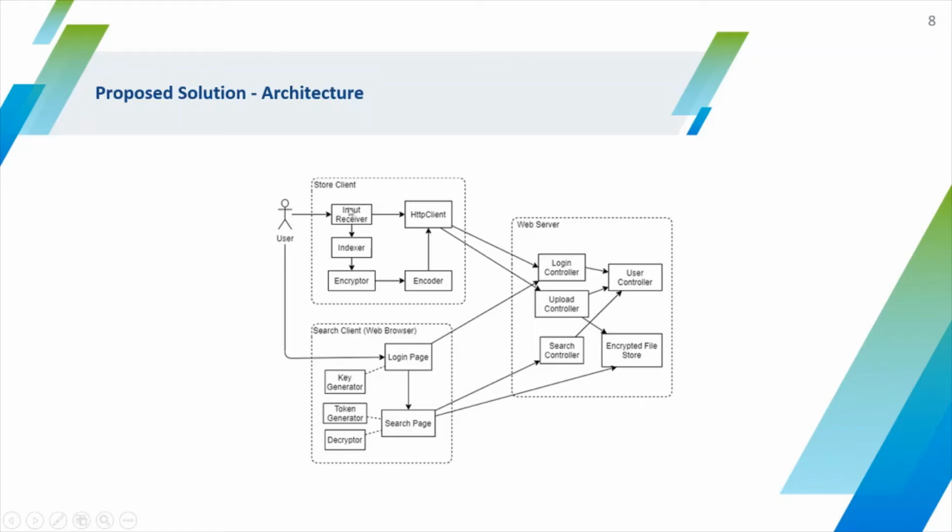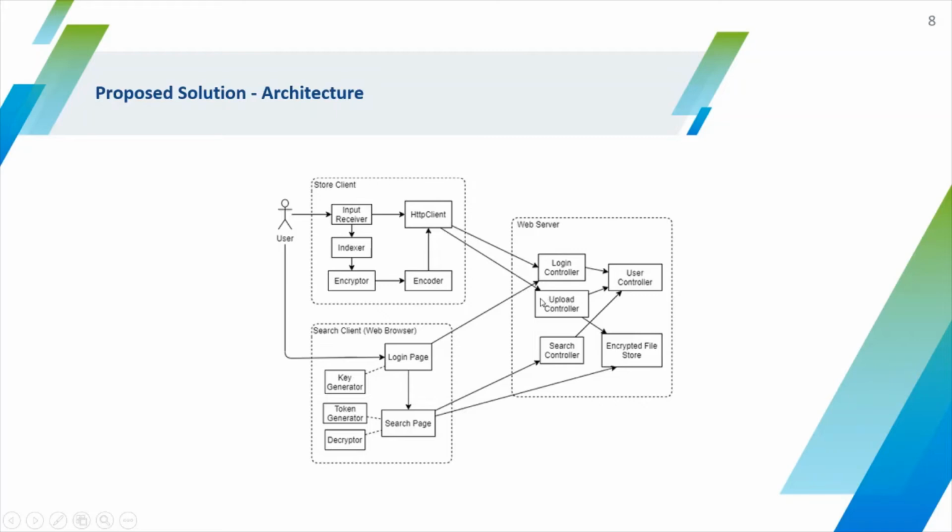And the user also inputs the files, which will go to the indexer, and the inverted index is generated, and the index is encrypted and encoded. Then it's sent using HTTP to the web server.